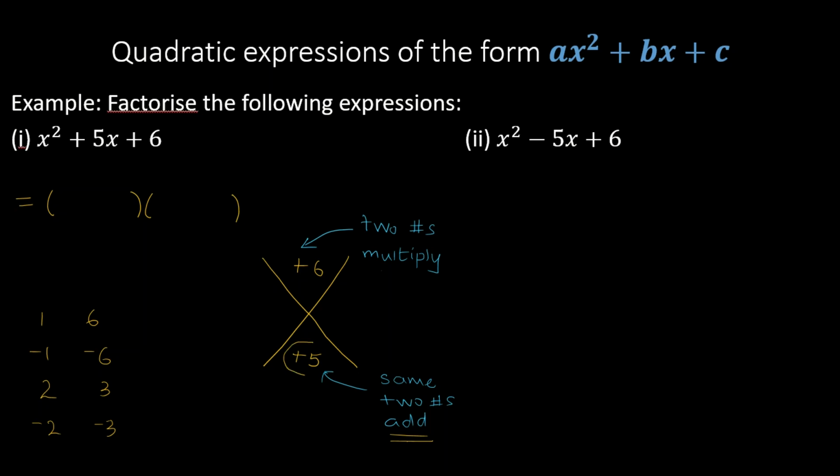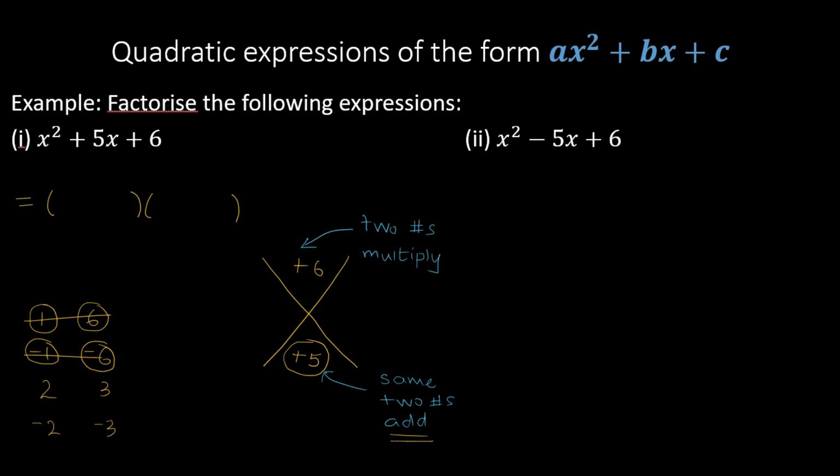Right? So we are looking for two numbers which, when we add, give positive 5. Let us take the first pair here. 1 and 6. When we add, do we obtain positive 5? No. The second pair, negative 1 with negative 6. When you add, do you obtain positive 5? No, you obtain negative 7.